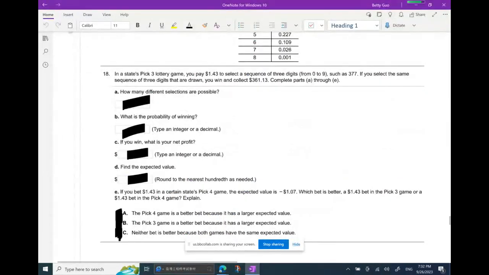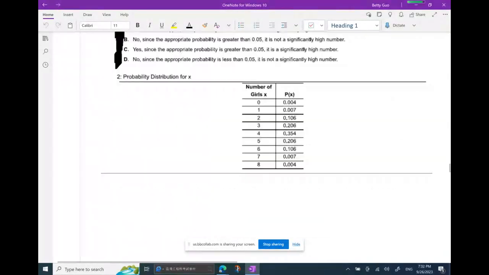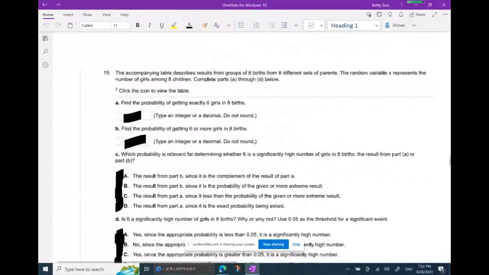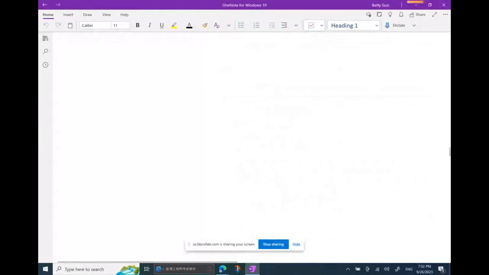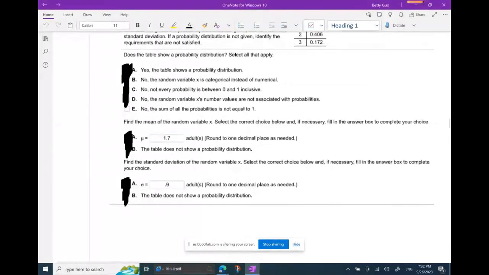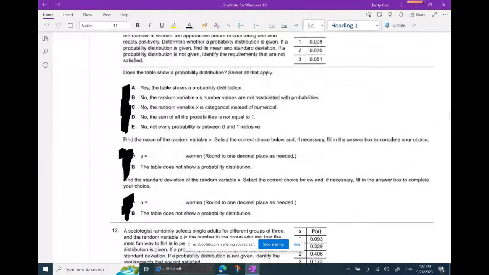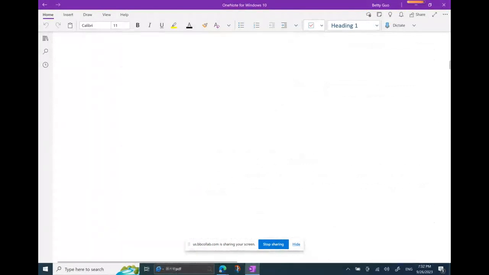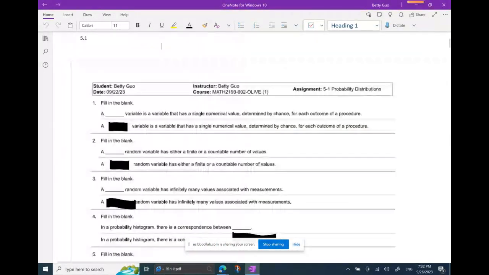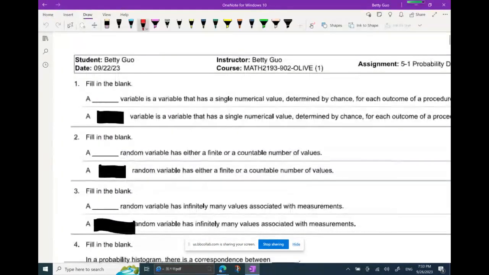First, what we're going to learn today is a random variable. What is a random variable? A random variable.